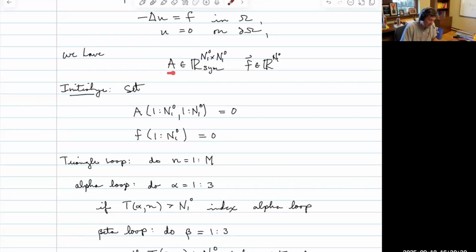Now, how do we build this from local entries? Well, you have to think about what we talked about before. Whenever we talked about A of, let's say, 28, 15, this was equal to an integral over the support of 28 intersect 15.